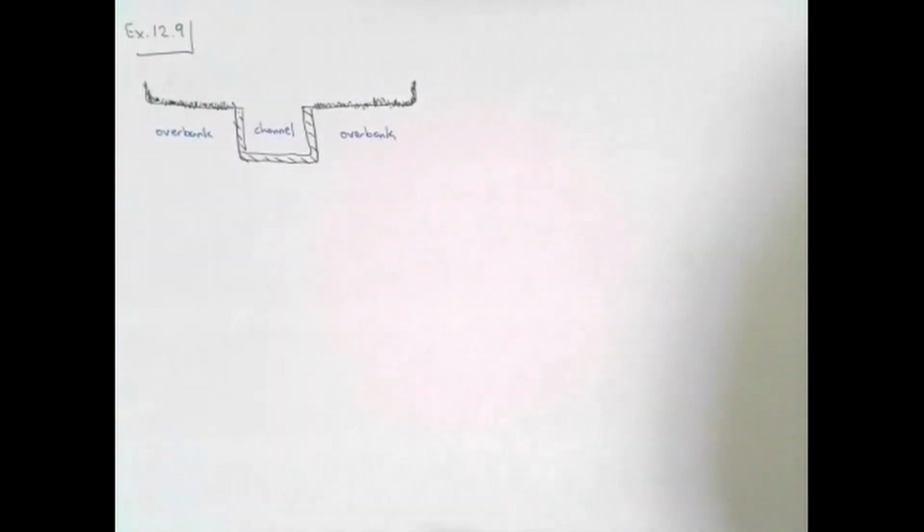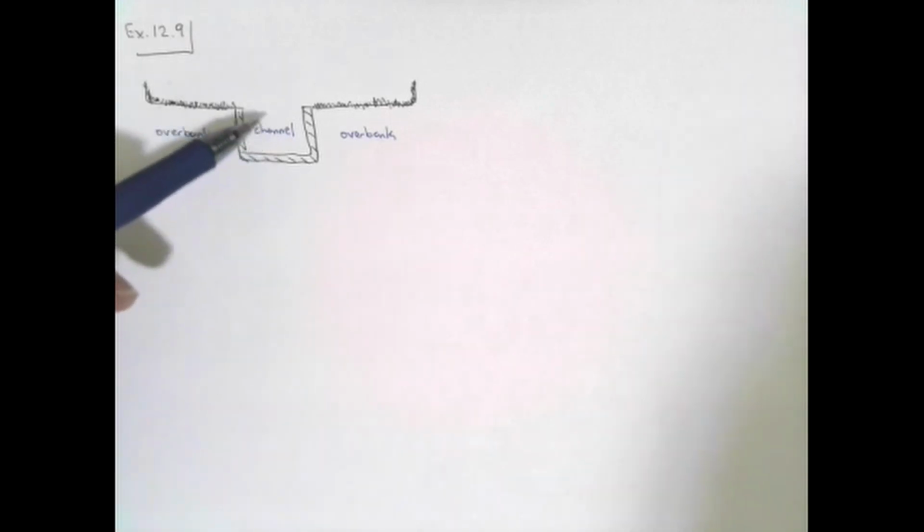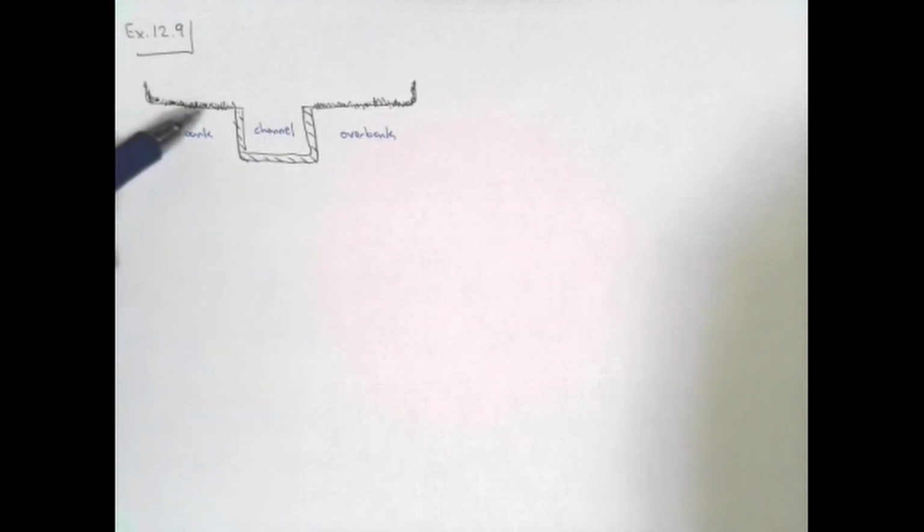Normally, when we design channels, we need to consider not just capacity, but we also need to consider an economic factor, right? If you know that a channel such as this will flood once every couple of years, you're not going to create a huge channel. Instead, you create a channel to contain most of the rainfall that falls in this area.